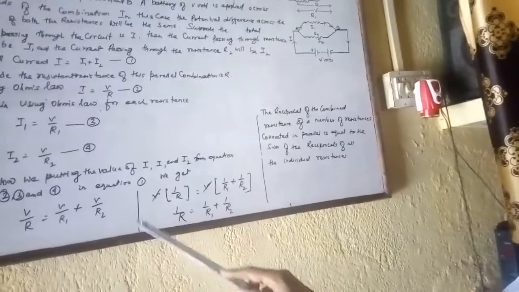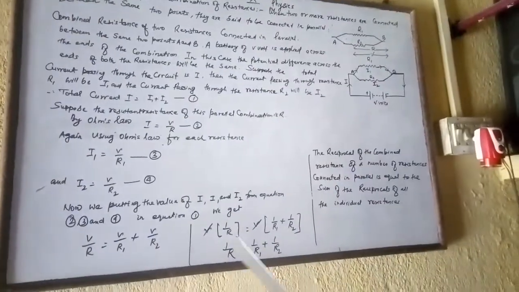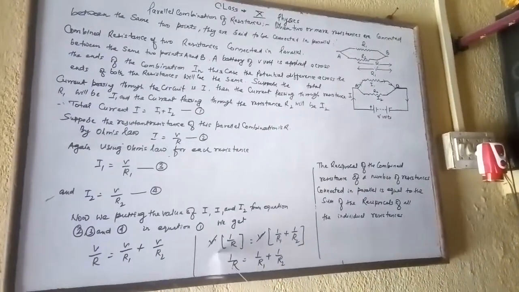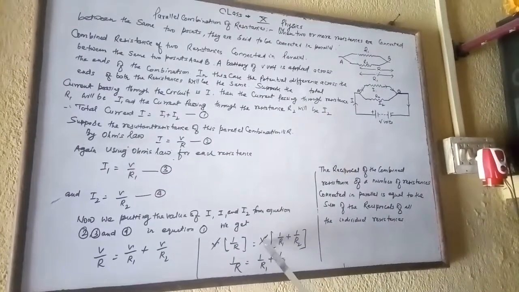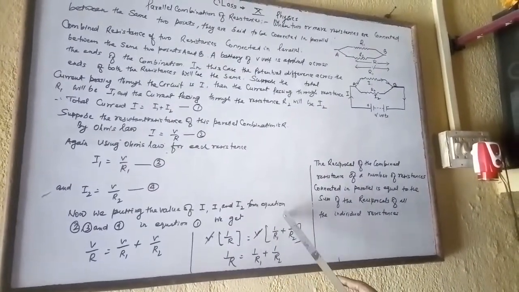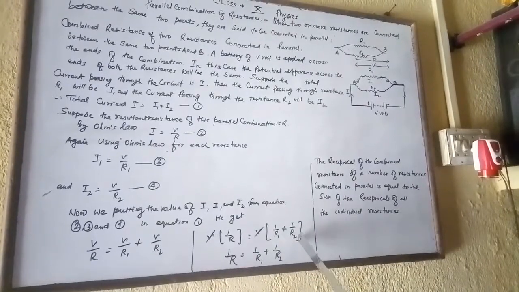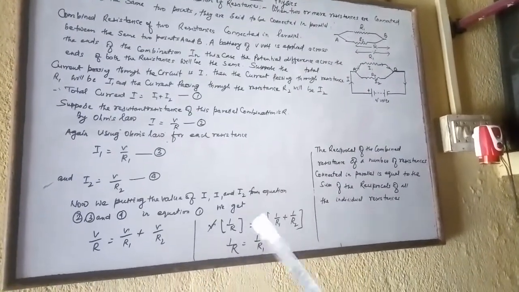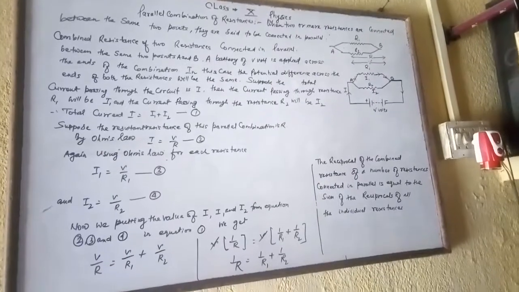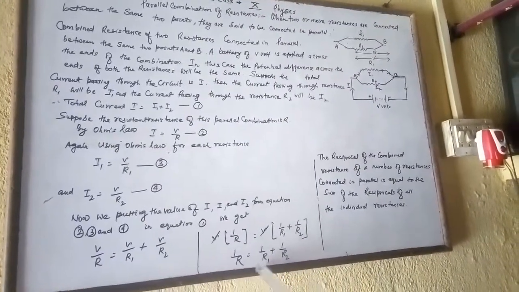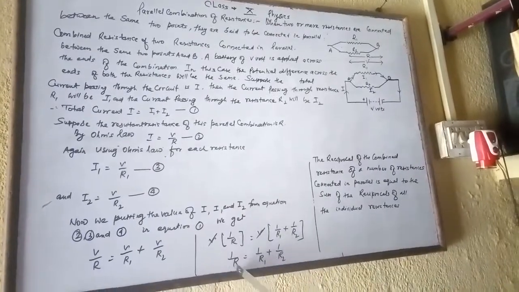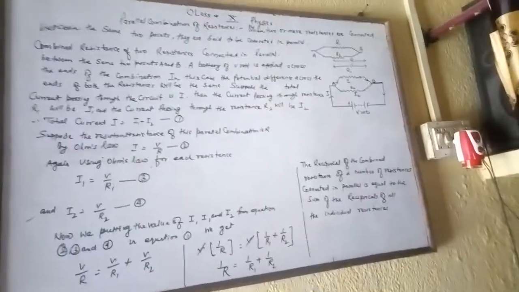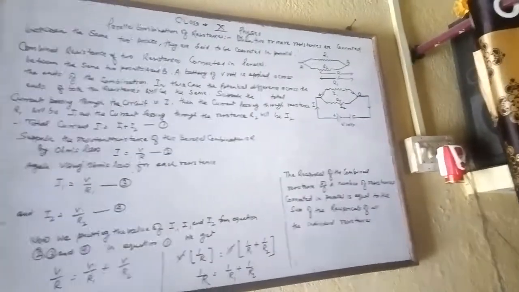Now V is common on both sides, so we take V outside: 1 by R equal to 1 by R1 plus 1 by R2, with V outside on the right side. Here V and V cancel on both sides. Now we have 1 by R equal to 1 by R1 plus 1 by R2.